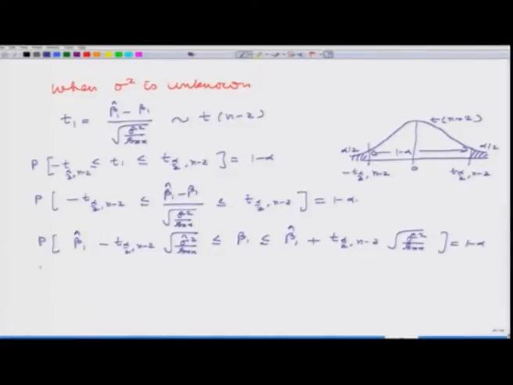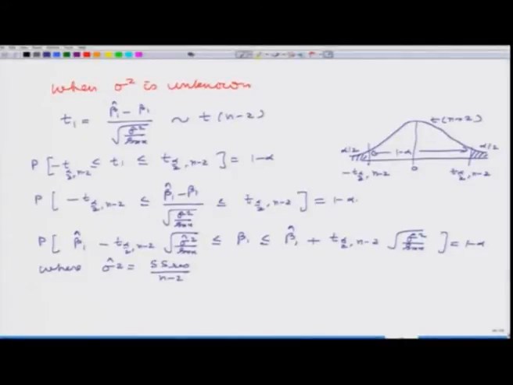Here we obtain the value of sigma square hat as the sum of squares due to residuals divided by the degrees of freedom, where the sum of squares due to residuals is obtained from the fitted model using ordinary least squares estimation or maximum likelihood estimation.